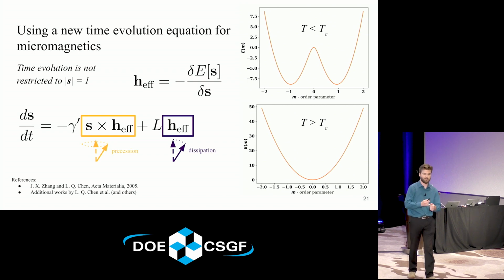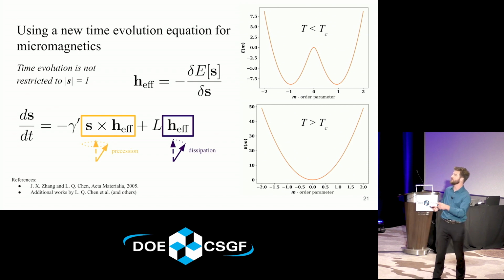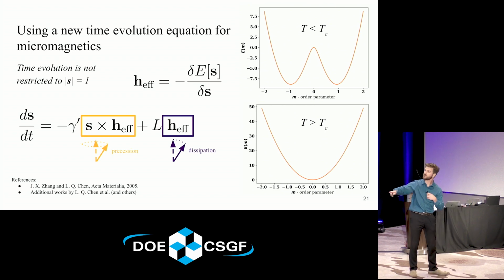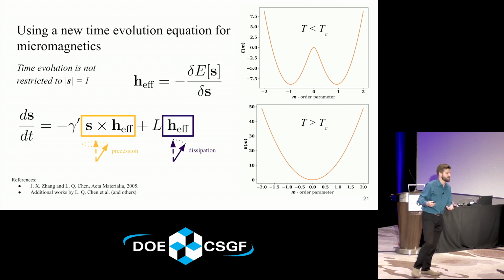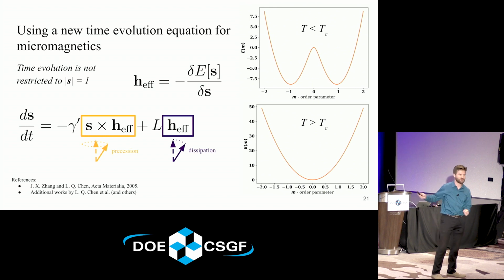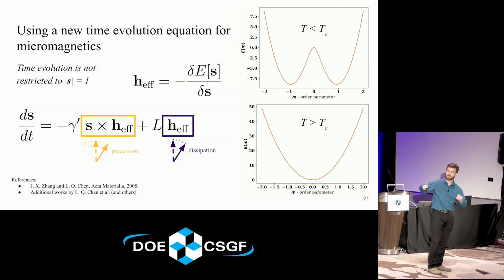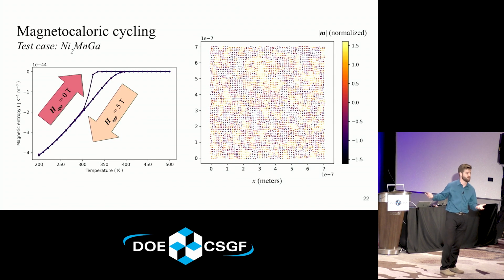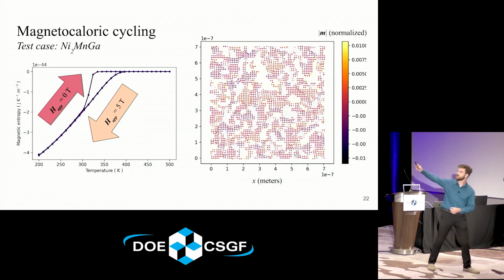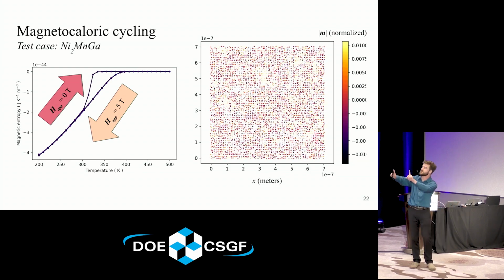And we can look at a new time evolution equation with precession, which is the first term on the left, which can be rigorously derived from quantum mechanics. The second term is more phenomenological, but we inform it with the double well potential, so from this Gaussian integral Ginzburg-Landau energy functional. And what this allows is for the magnetization to change magnitude across the phase transformation. As we see on the right here, this is the dynamics of the spins.